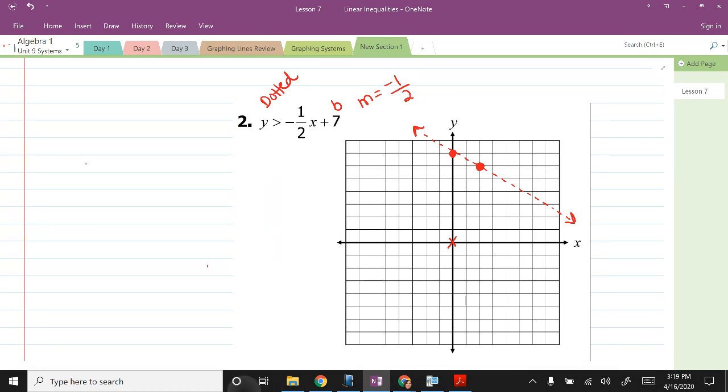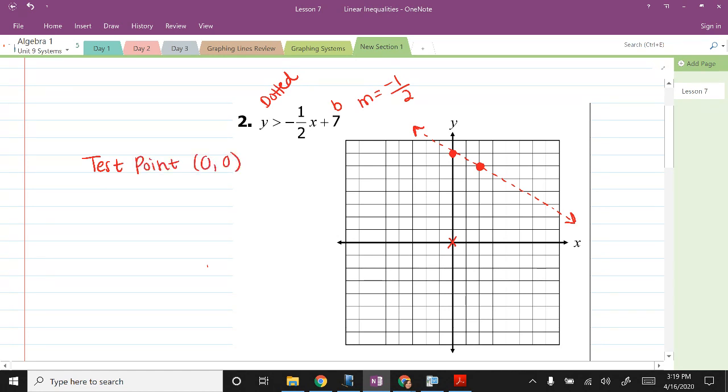So we pick a test point, and our test point is 0, 0. A test point has an x value and a y value, right? So we're going to plug 0 in for x and 0 in for y into our original inequality.